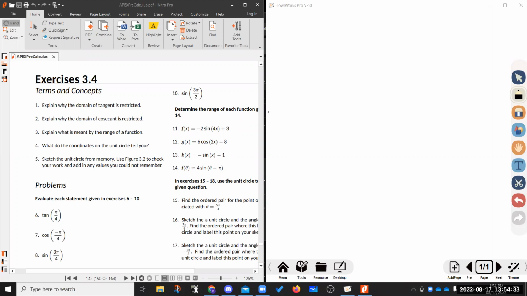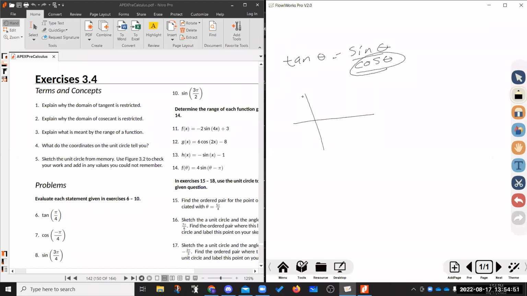in section 3.5. Explain why the domain of tangent is restricted. Because tangent is equal to sine over cosine, and there are zeros of cosine.